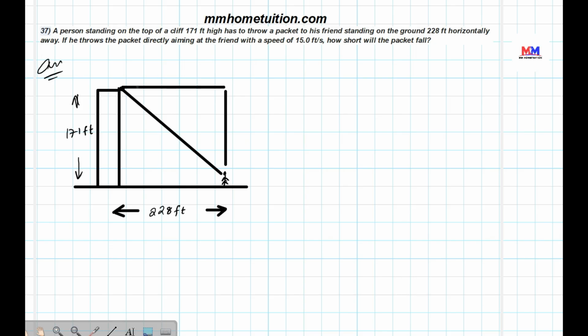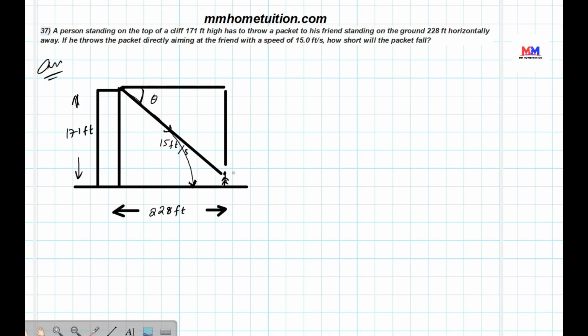So let this angle be theta, and the packet is projected with 15 feet per second. When it is projected, it will strike on the ground.